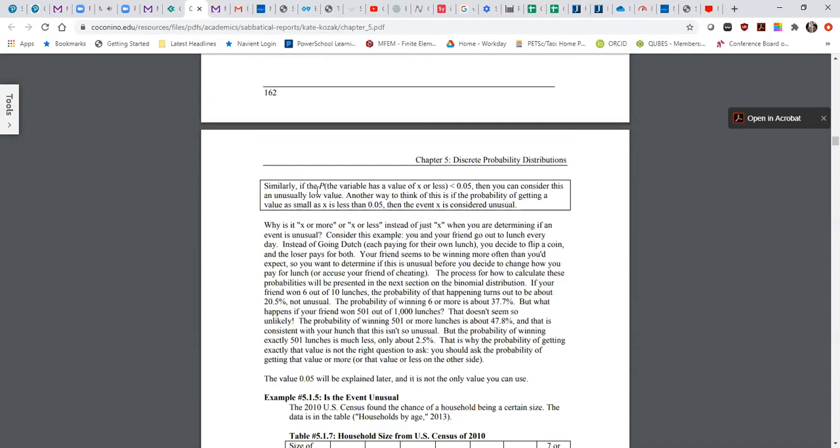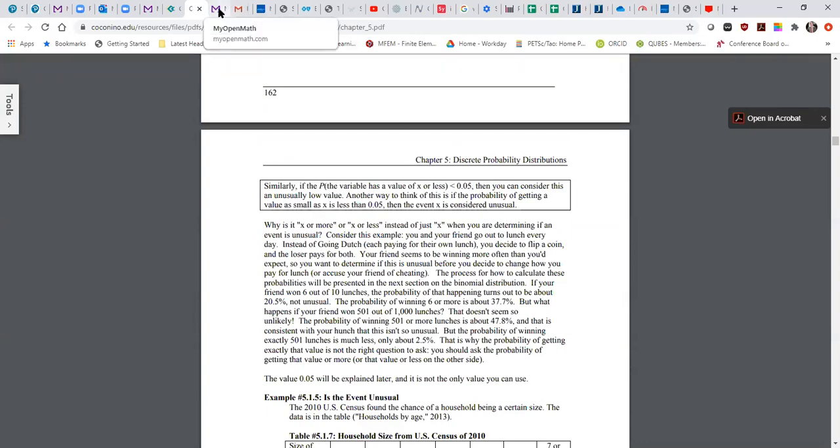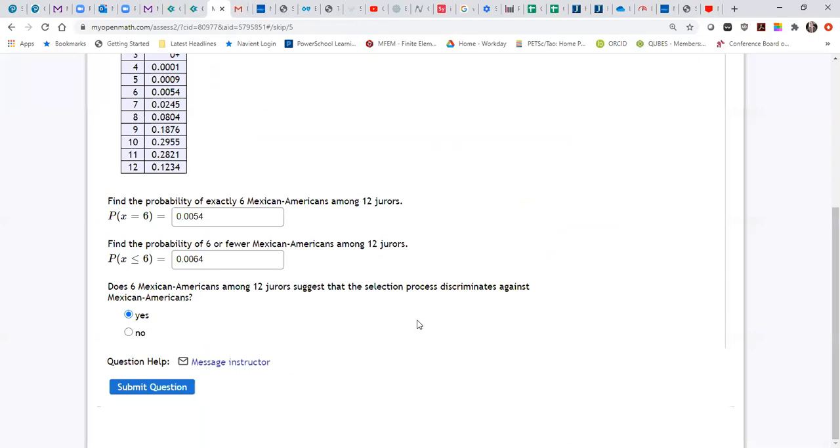Okay, if the probability is less than 0.05, then you can consider this an unusually low value, or anything that is not fair. So in this case, the answer is yes.